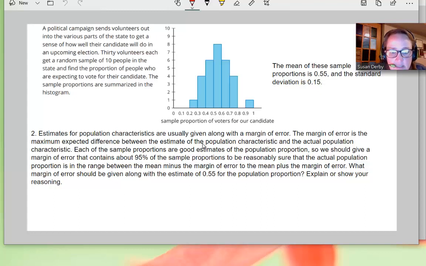It's the expected difference between the estimate of the population characteristic, the mean, or what we're normally finding, and the actual population characteristic, so from our sample and then applying it to the whole population.